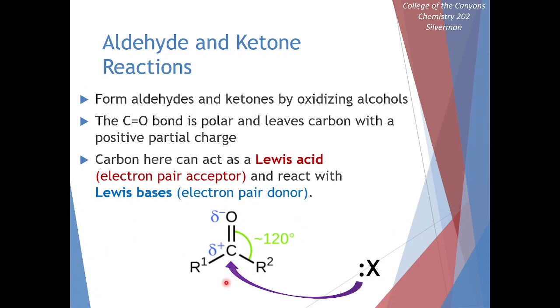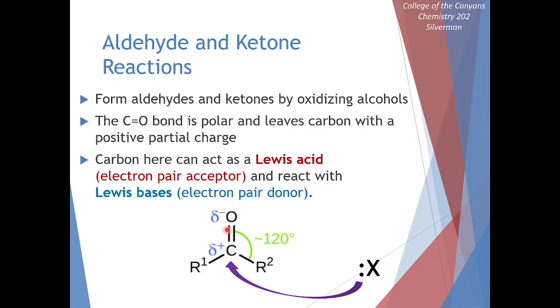As promised, we want to introduce a few different types of organic reactions when we have aldehydes and when we have ketones. Well, these carbons in our carbonyl group are going to be extra reactive. Our carbon, when it's double bonded to an oxygen, is part of this polar bond. And so the oxygen is more electronegative.